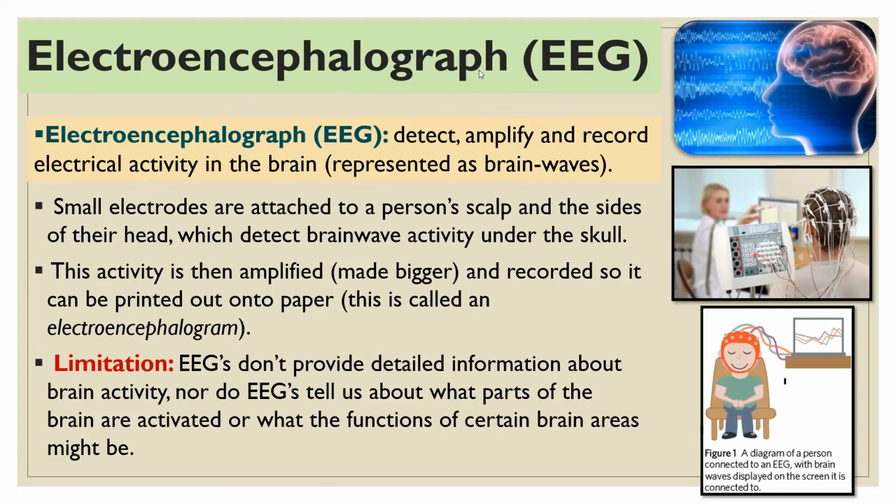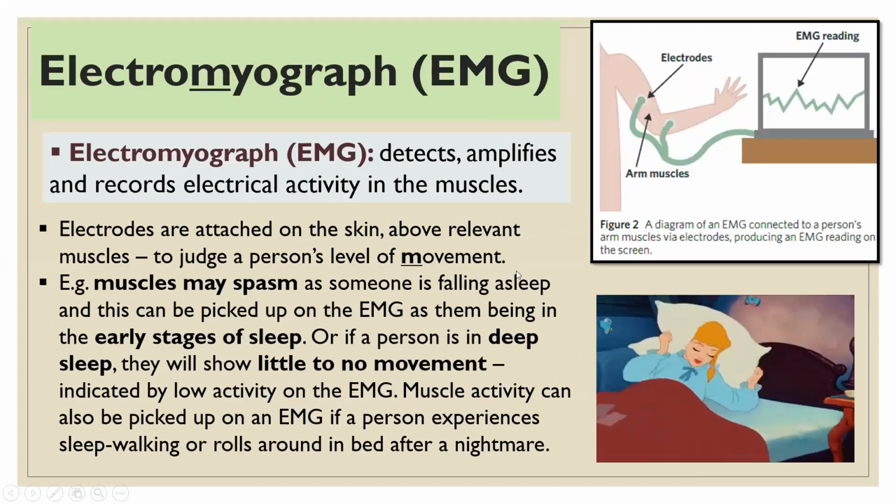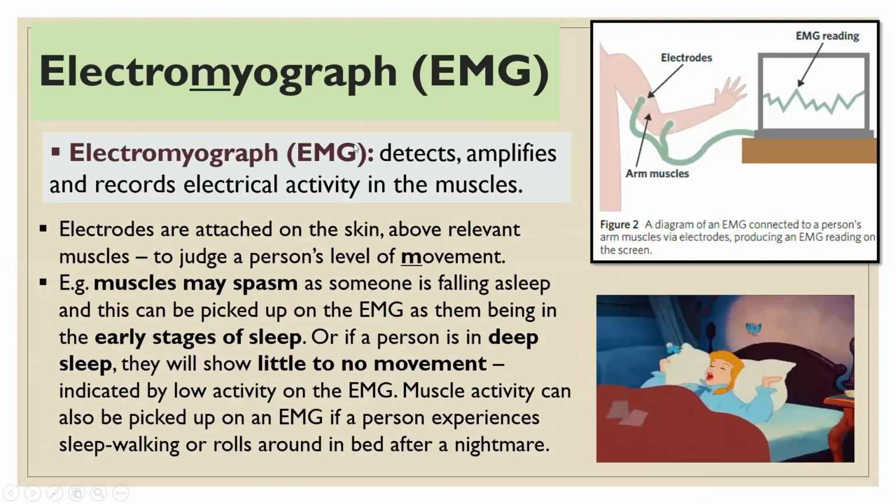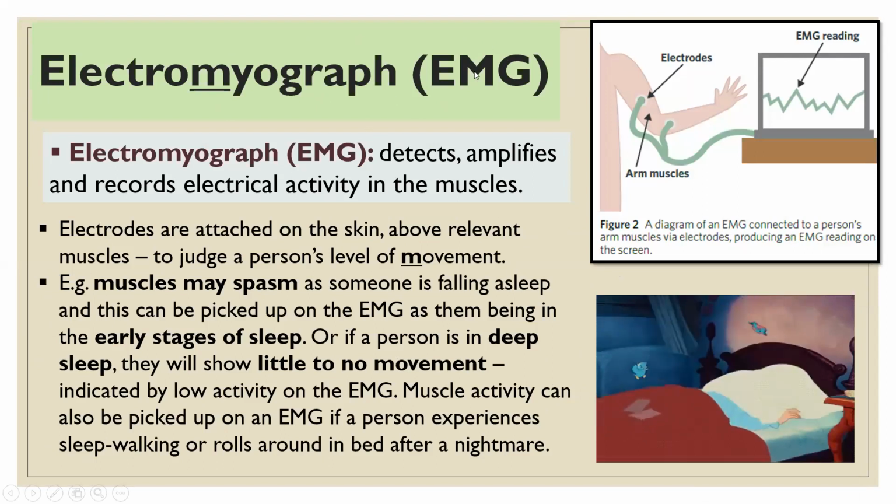If you get this in a multiple choice without the EEG abbreviation, you need to know that this means this. So don't worry about spelling it correctly, but be able to have an idea that this abbreviation corresponds to this word. And that applies to the electromyograph and electrooculograph as well. You can just use the abbreviations there.